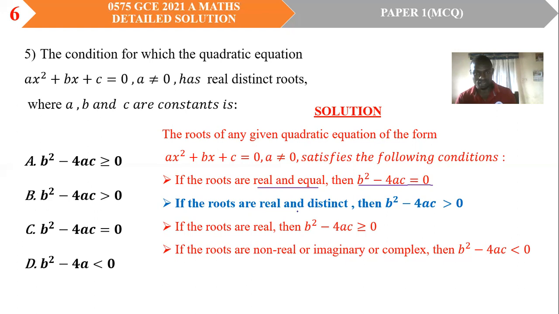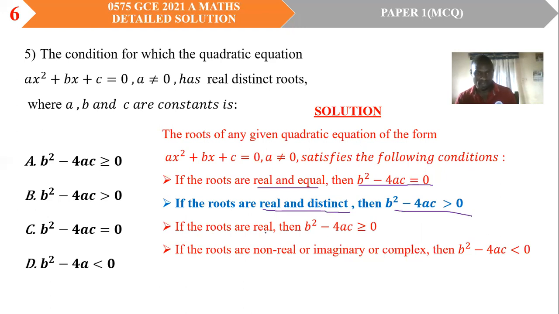If the roots are real and distinct, given the equation, we just verify this condition, this quantity, and show that b squared minus 4ac is greater than 0. And this is the case for real and distinct.